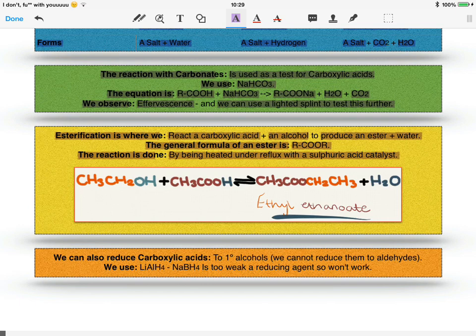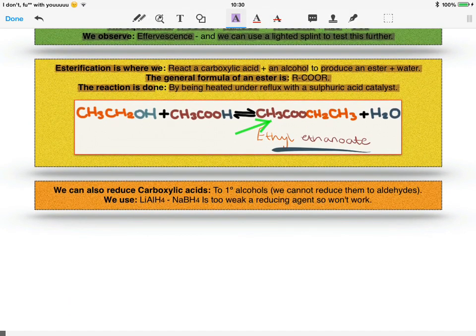The next part comes from the carboxylic acid, and that's the ethanoate part. And if you're not given the carboxylic acid, you can think, well, what's alkyl groups attached to two oxygen atoms? And that's this part here. So then, putting these together, we get ethyl ethanoate, and of course the water's the byproduct.